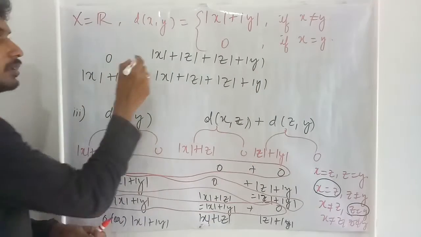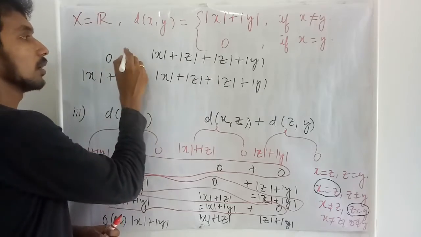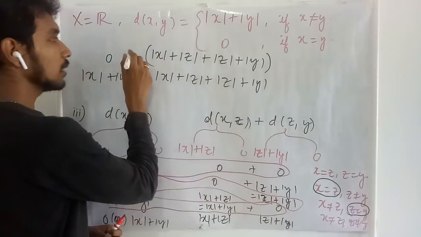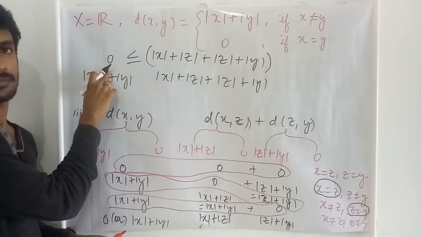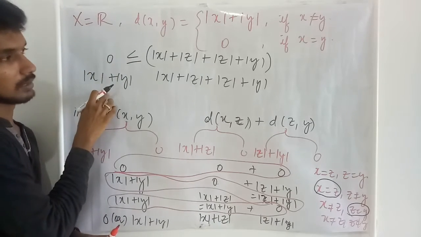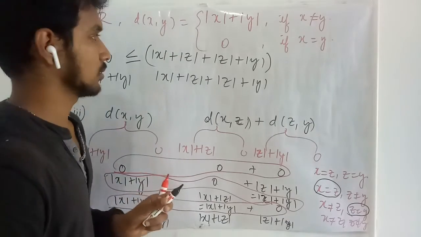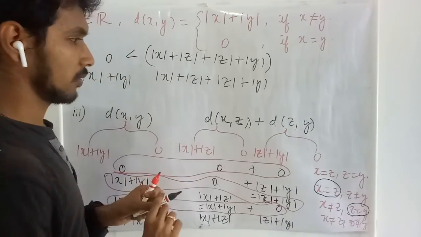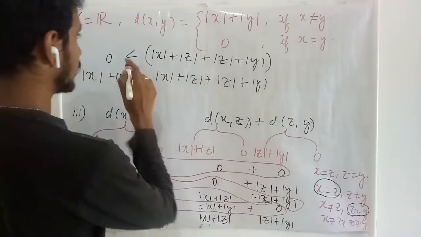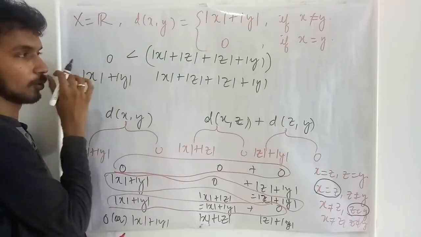All these quantities are non-negative. Therefore, this will be bigger than or equal to 0. And here, what is going to happen? Okay, sorry. We have assumed these are different, right? So this is going to happen. This quantity must be bigger than 0.